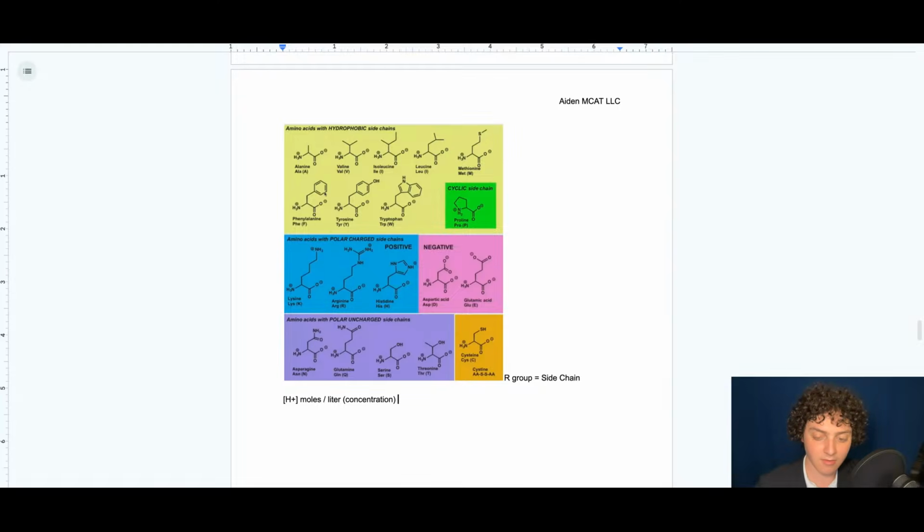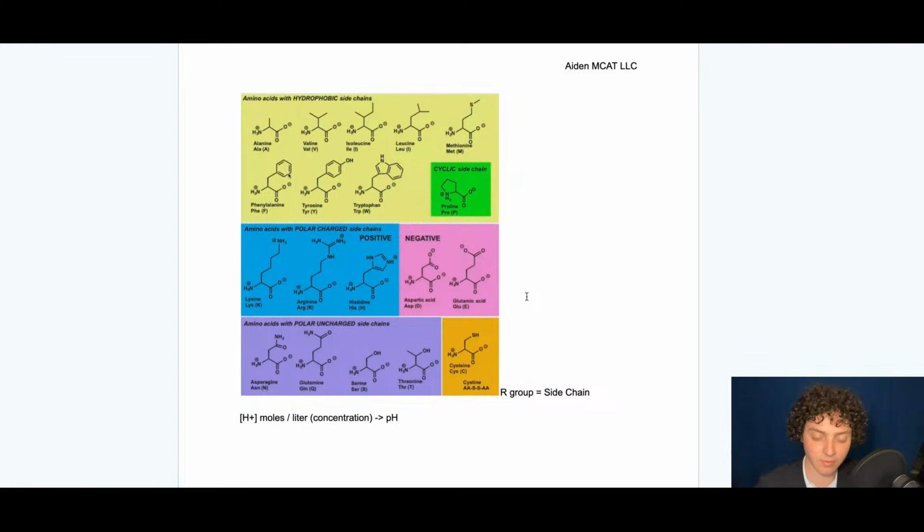And then to further simplify things, we express the concentration of hydrogen atoms as a pH, and p means the negative logarithm base 10 of the H plus concentration.